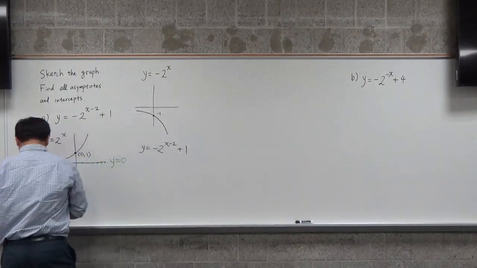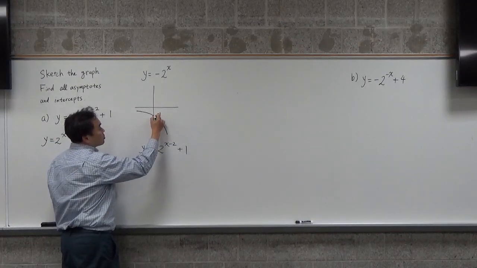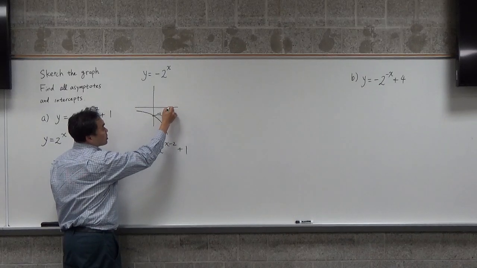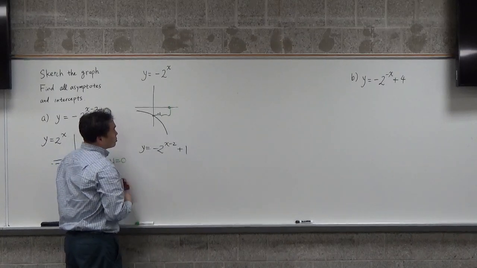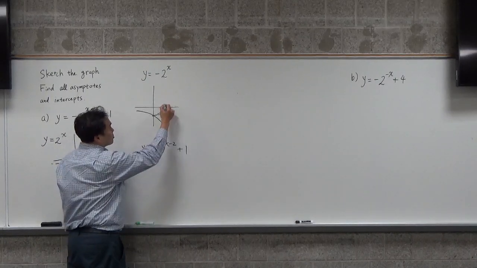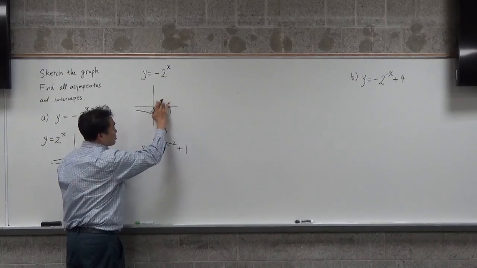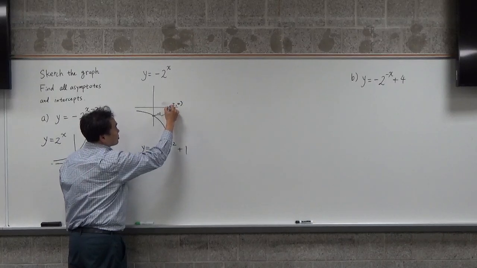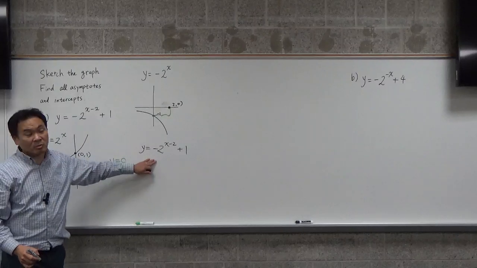So you take this point, you move 2 steps right, and then you move up by 1. Where are you at? (2, 0). So (2, 0) is this new point where this graph should be passing through.